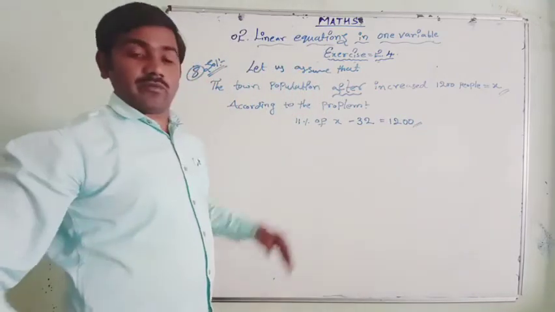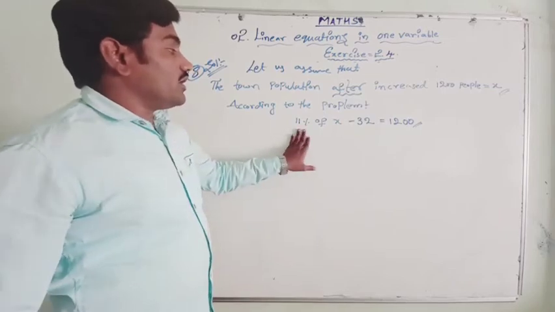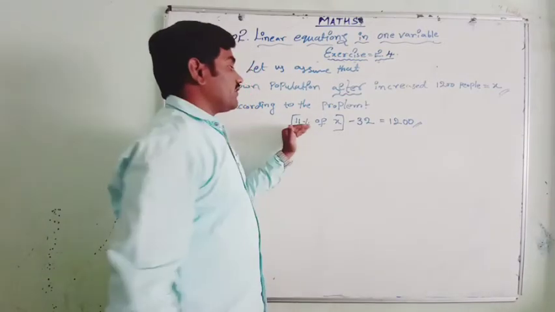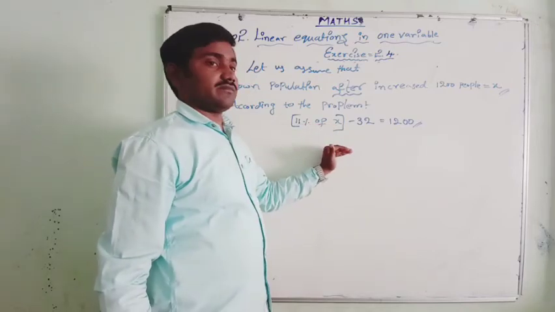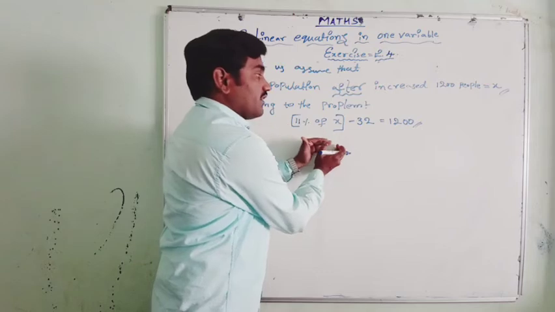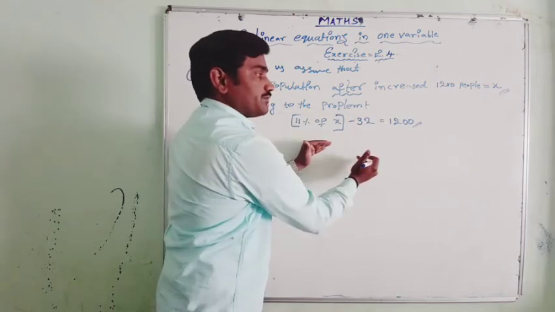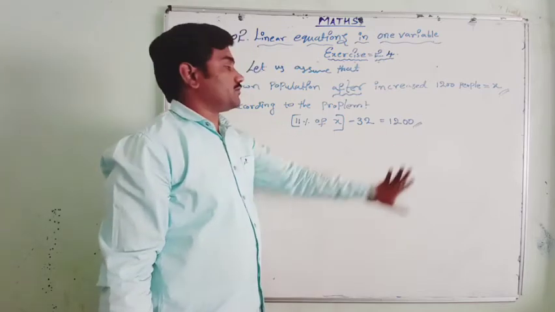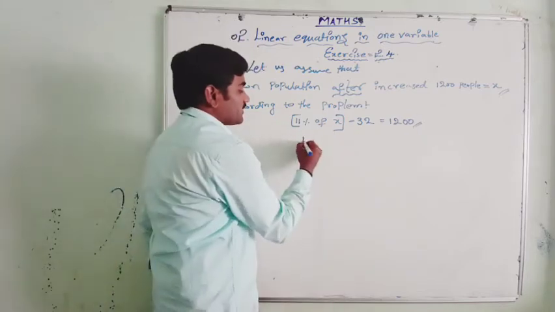So 11% of x is decreased, and from the population we get, there are 32 people less than before the 1200 increase.